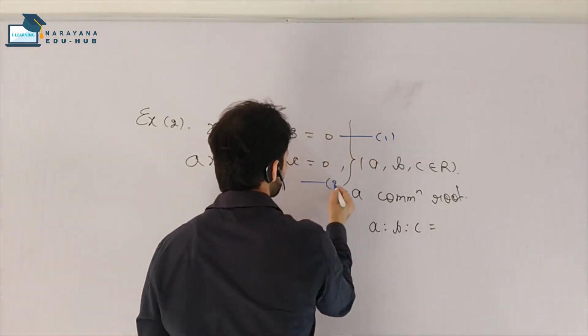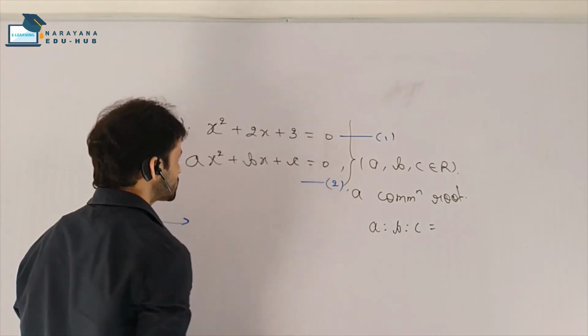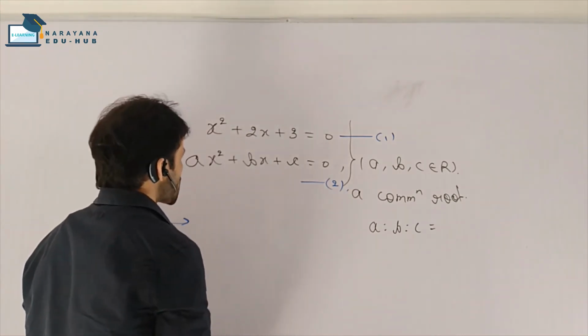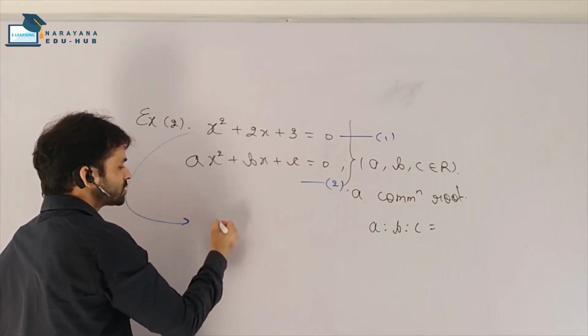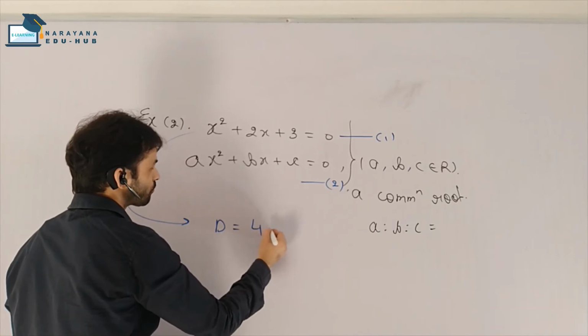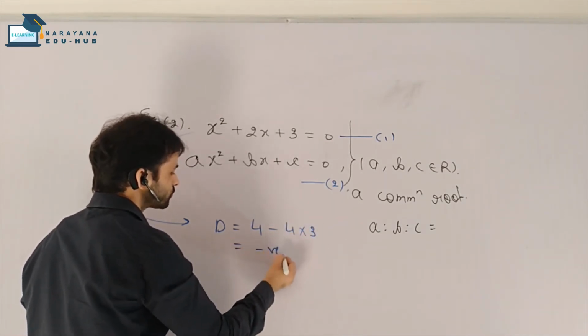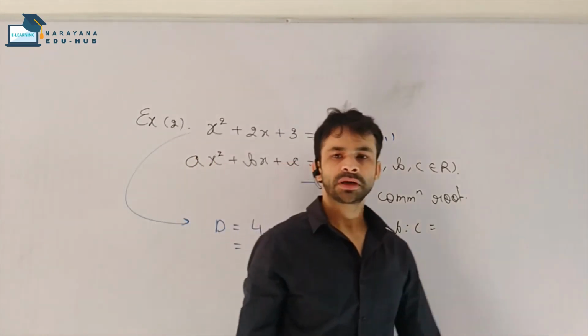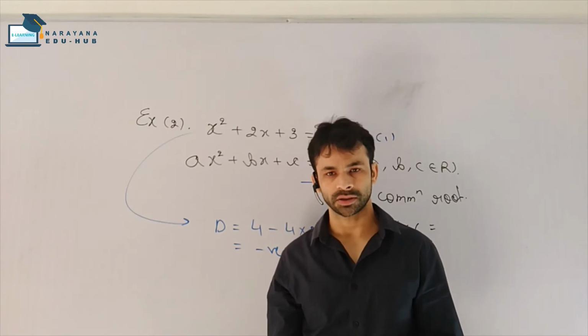Equation 1, equation 2. In equation 1, the discriminant of this is b square minus 4ac, negative. So the discriminant is negative, so what will happen? The roots will be imaginary.